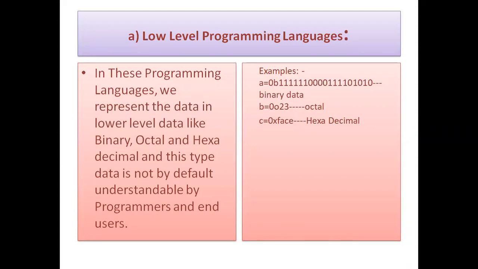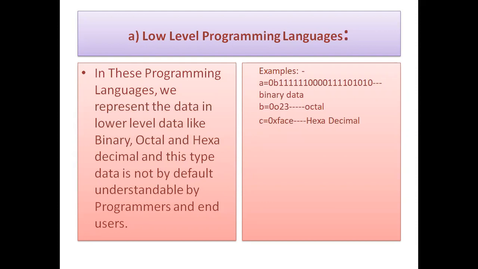In these programming languages, we represent the data in lower level forms like binary, octal, and hexadecimal, and this type of data is not by default understandable by programmers and end users. Of course, if you write anything in the computer and see it in binary language, will you be able to understand? No, that is not possible for the end user.